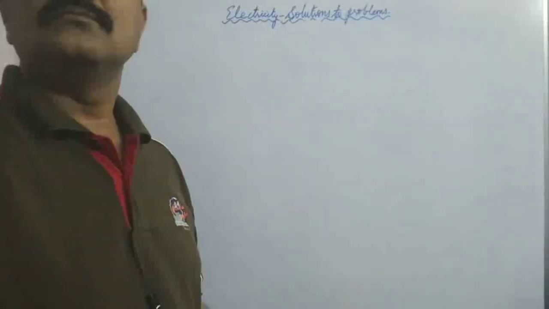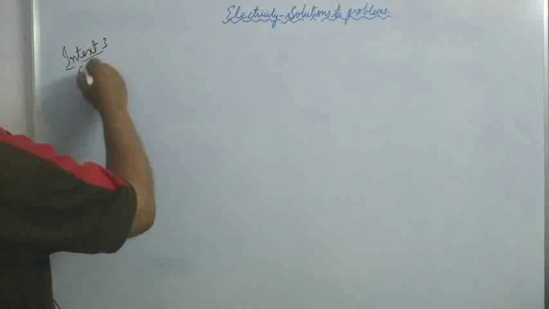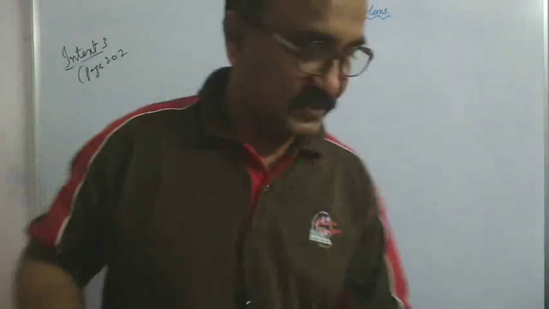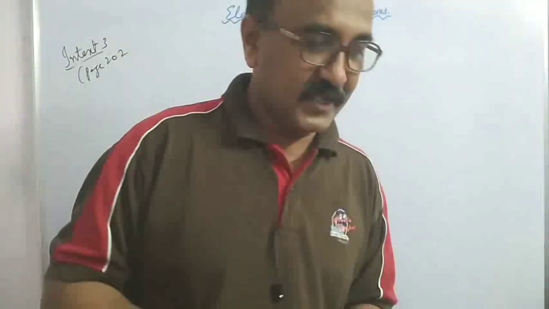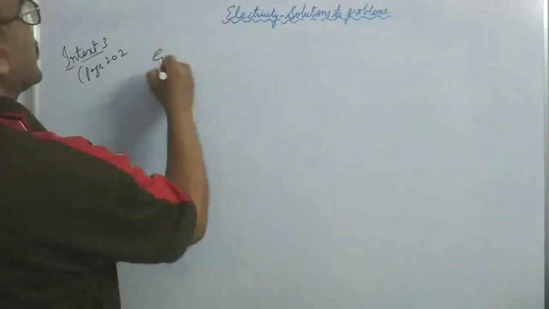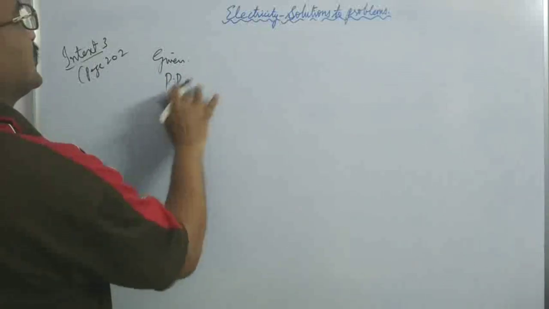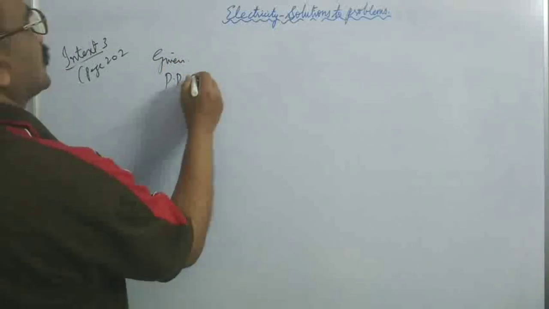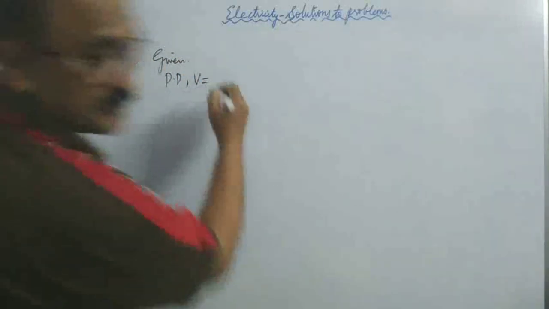Children, we go to in-text question number 3 of page number 202. What is he asking us? He's asking how much energy is given to each coulomb of the charge passing through a 6 volt battery. So the battery's potential difference, or the electromotive force inside actually, V is how much, children?